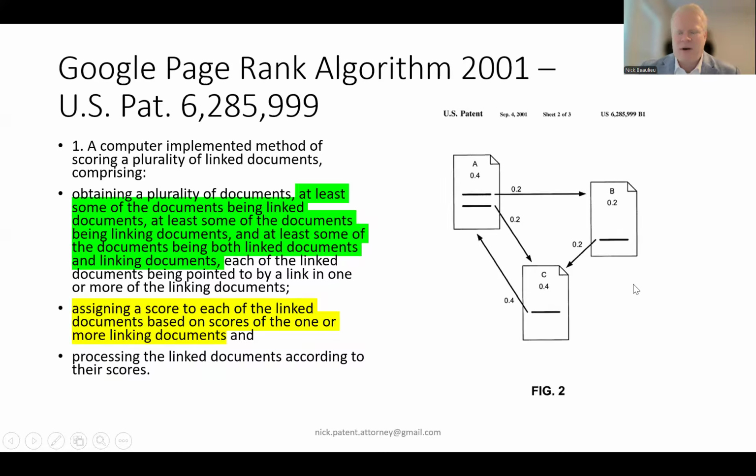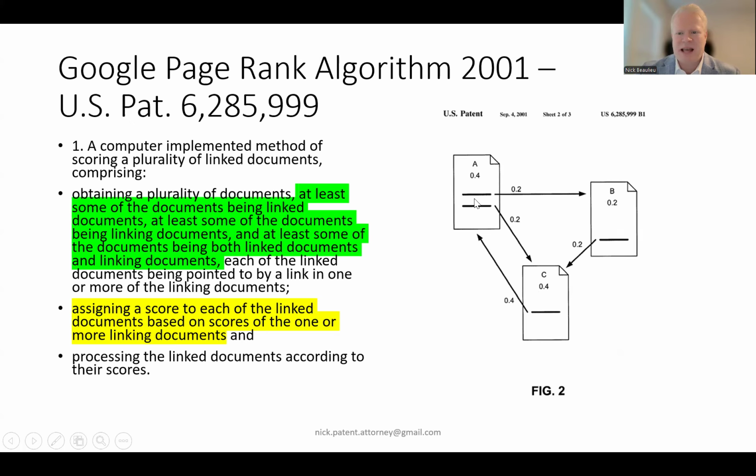So on the right here, I have Figure 2 from the patent, and it's kind of showing what it's talking about here. A lot of the terms in here have to do with being linked or linking or both linking and linked. So I think you can see this A document has a link to this B document. And then this A document is also linked by the C document.